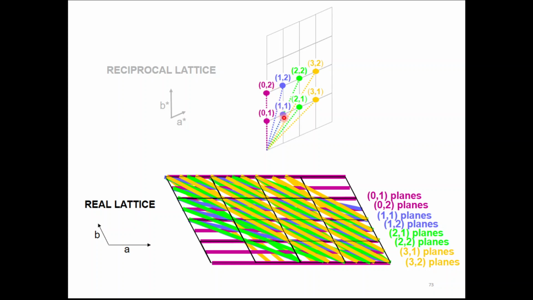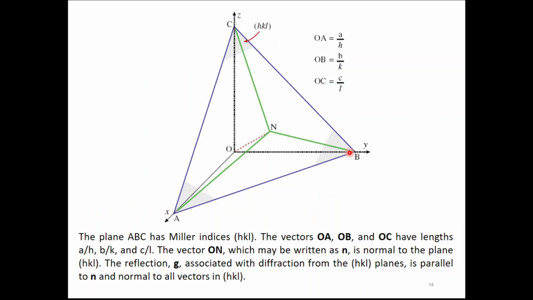Similarly, we will have 1 bar 1 bar, and in the opposite direction 2 bar 1 bar, and so on. So we can construct a similar pattern exactly on the other side of the origin as well. Hopefully you are clear until now.